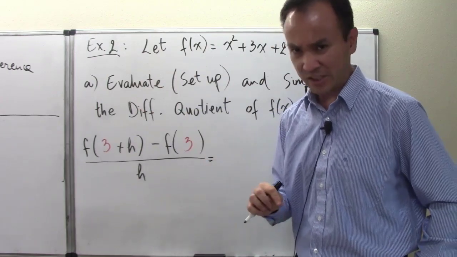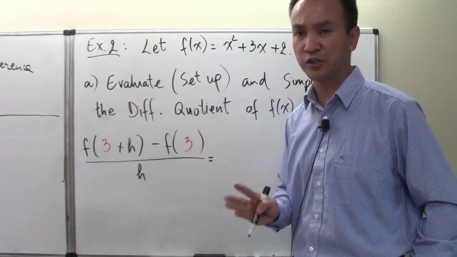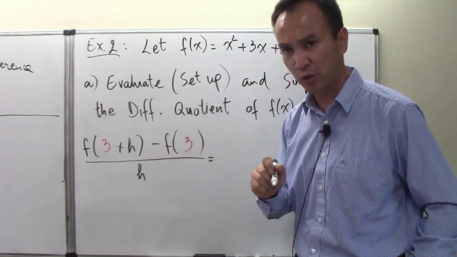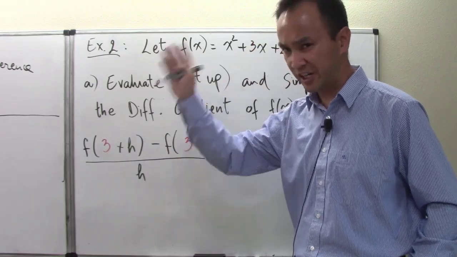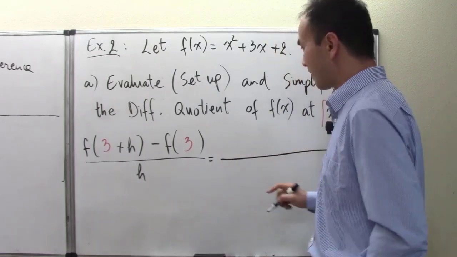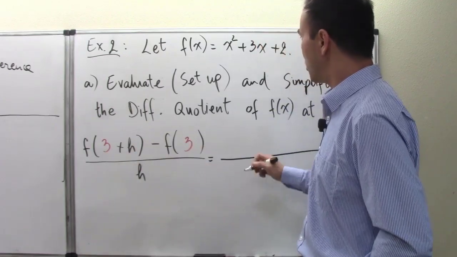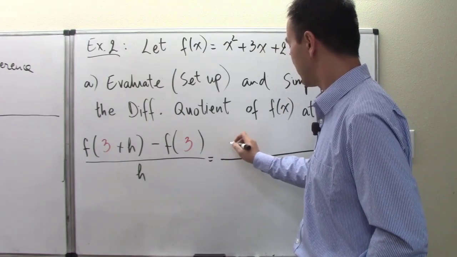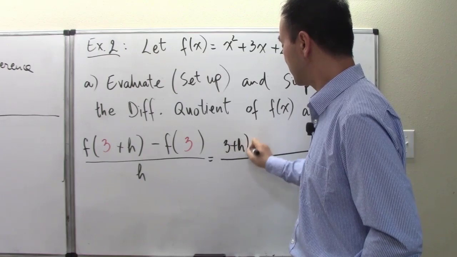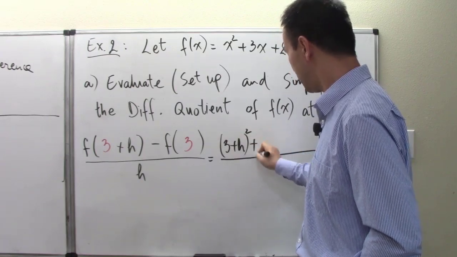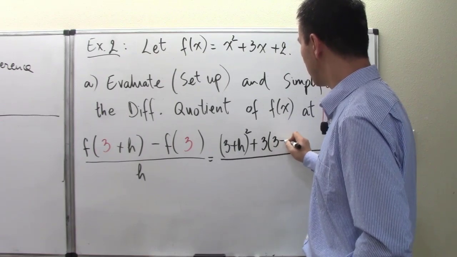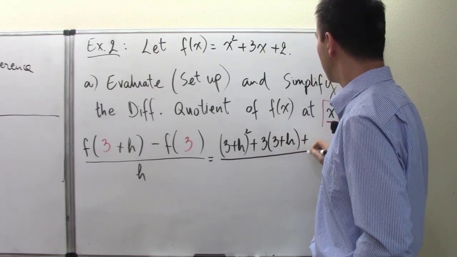Feel free to pause this video at any point if you need to do your own scratch work. Assuming I'm already done with the scratch work, the work here is going to be (3 plus h) all squared plus 3 times (3 plus h) plus 2.